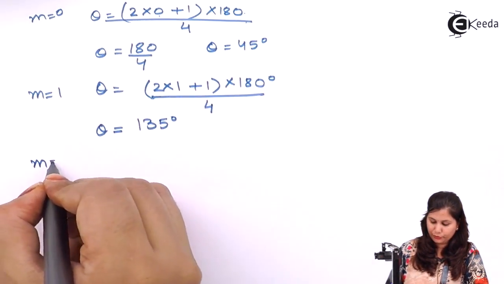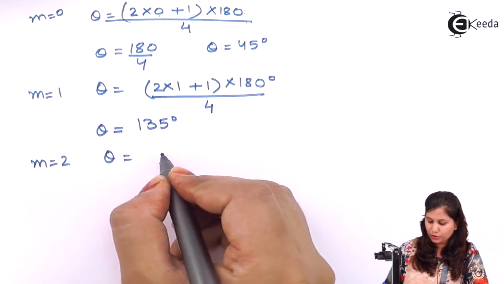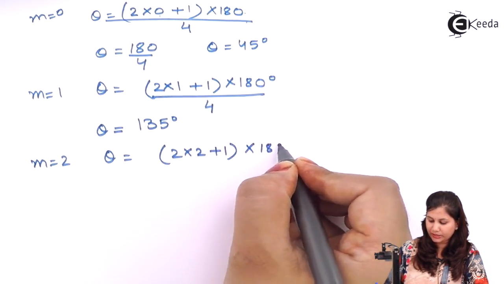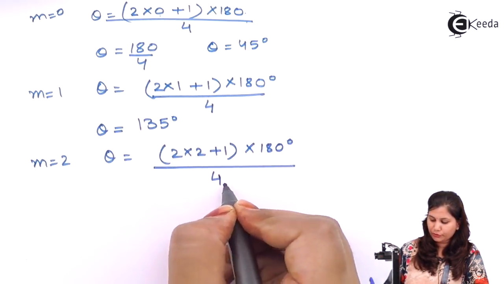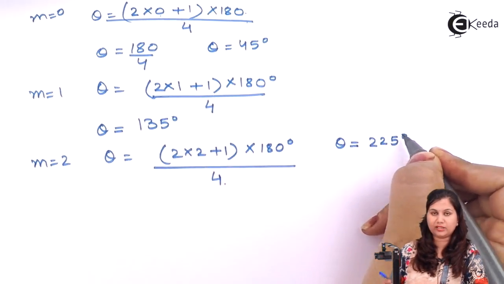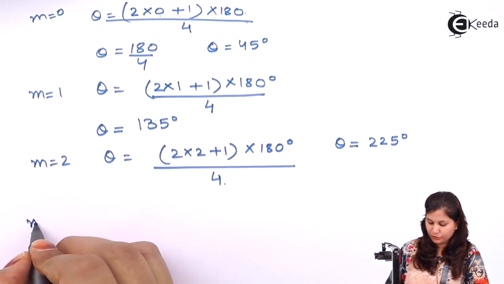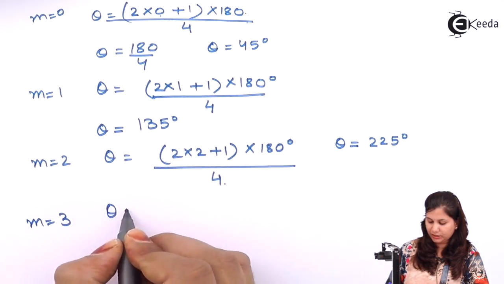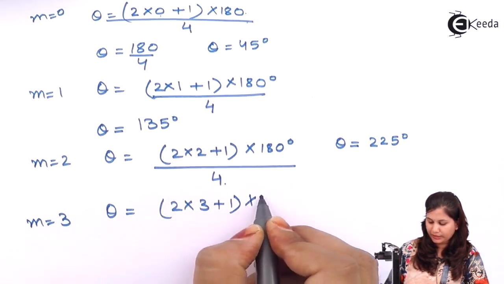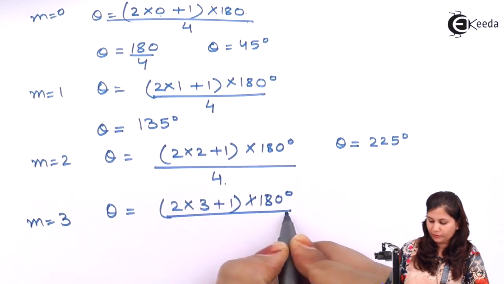Now m equals 2, theta equals (2 times 2 + 1) times 180 degrees upon 4. So here theta will be 225 degrees. For m equals 3, theta equals (2 times 3 + 1) times 180 degrees upon 4.